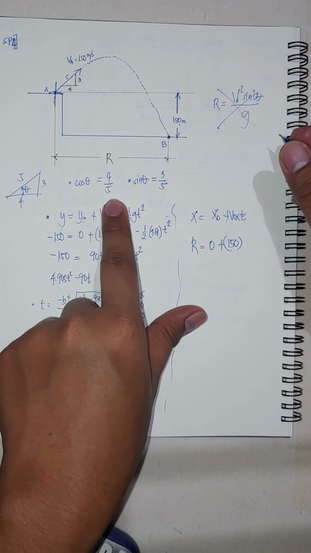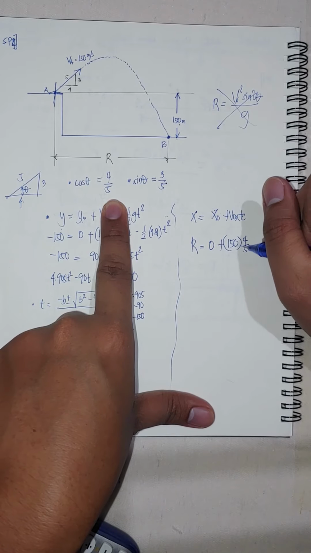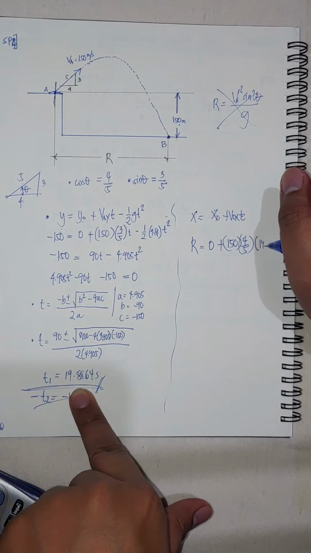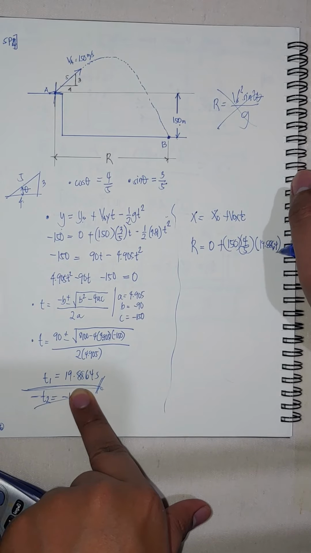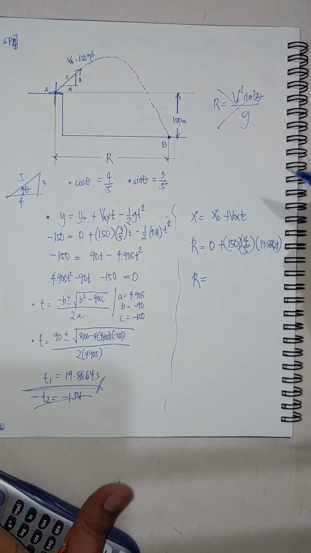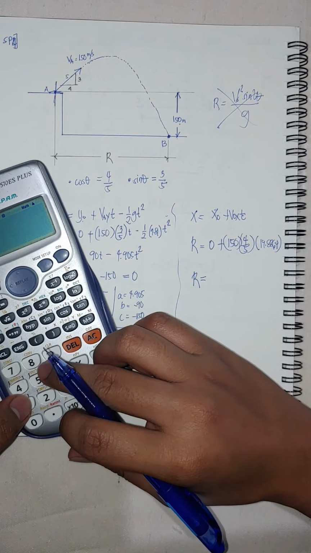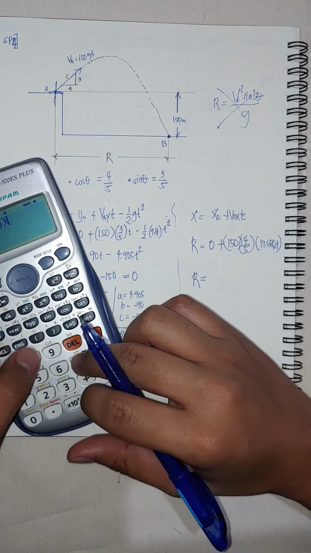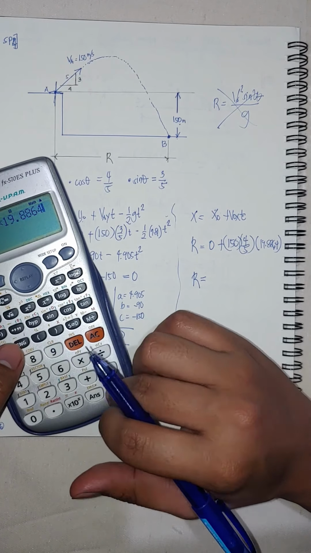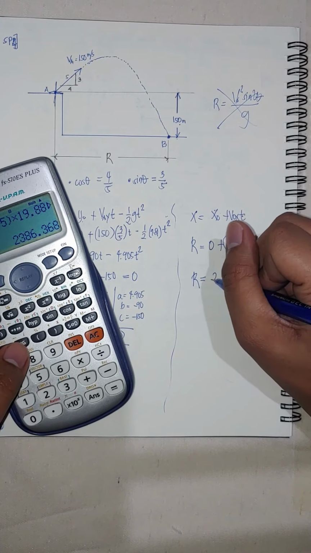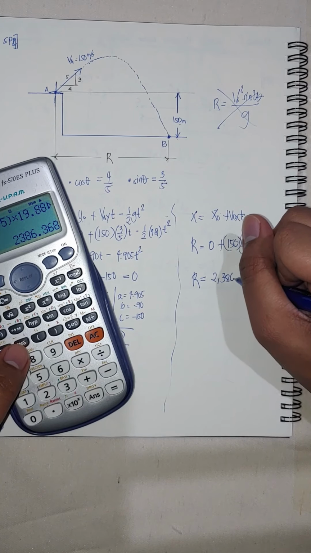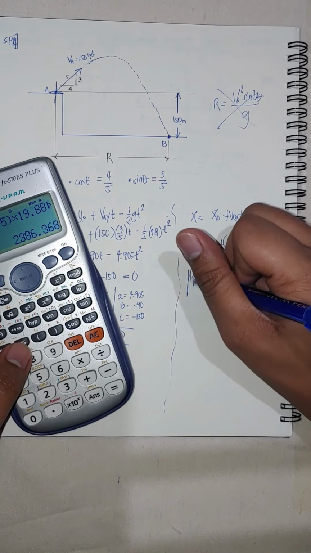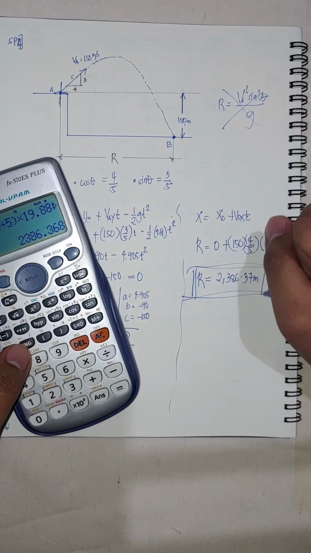Our cosine theta is 4 over 5, times the time, which is 19.8864. So our R is just equal to 150 times 4 divided by 5 times 19.8864. This is 2,386.37 meters.